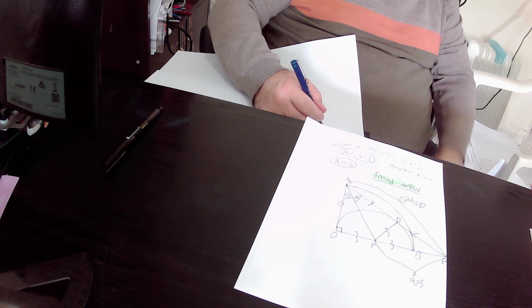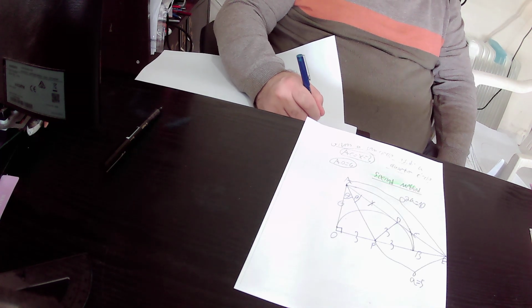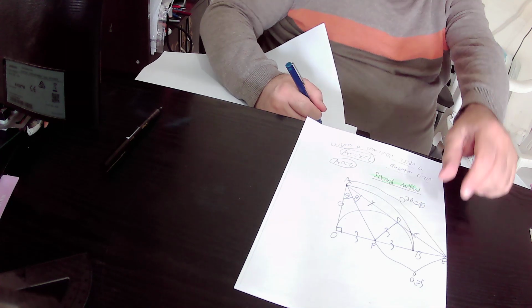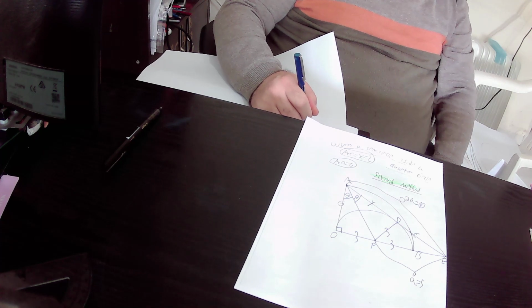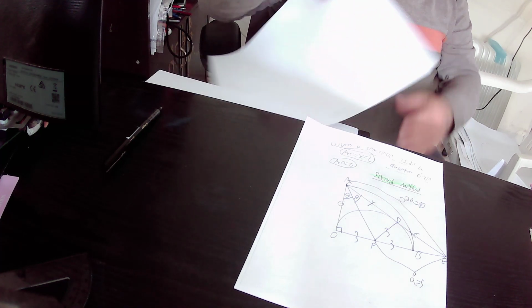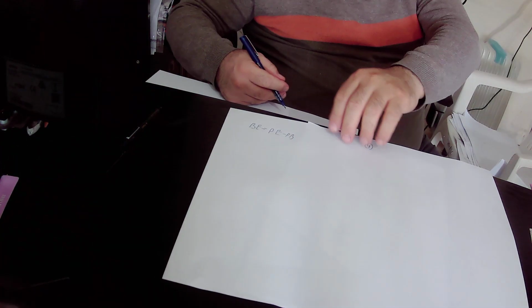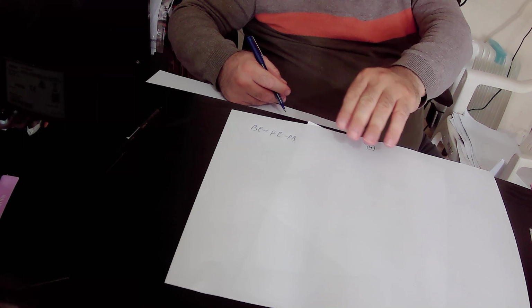From the drawing it is very easy to see that BE equals PE minus PB. I'll repeat again. From the drawing it is very easy to see that BE equals PE minus PB.